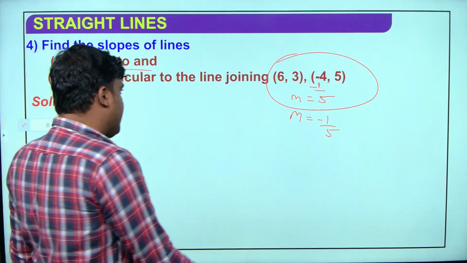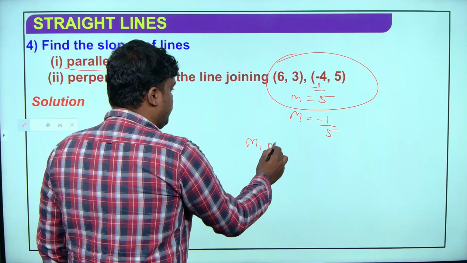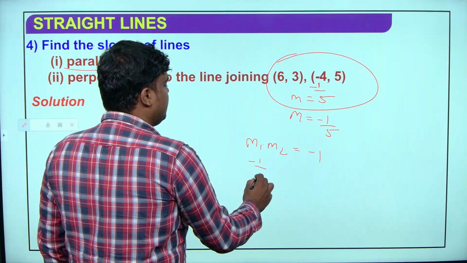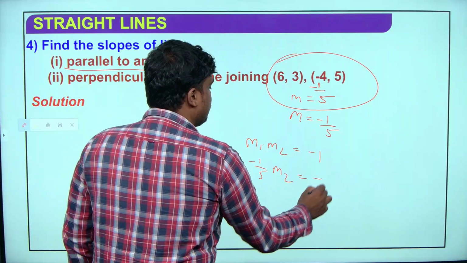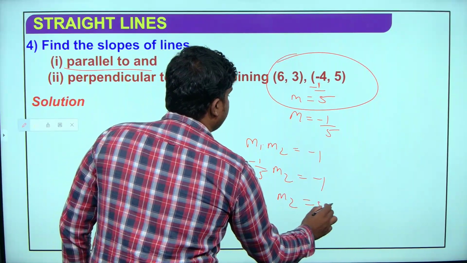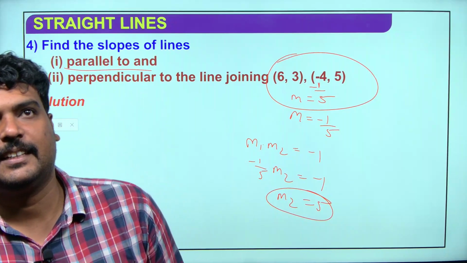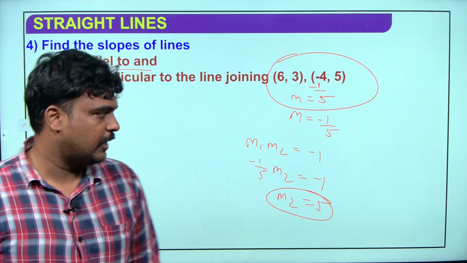And if it is perpendicular, then m1 dot m2 will be equal to minus 1. I know m1 is minus 1 by 5 and I want to find m2, so m2 will become 5. I hope this is clear, guys. Right? Clear? Yes, sir. Okay.